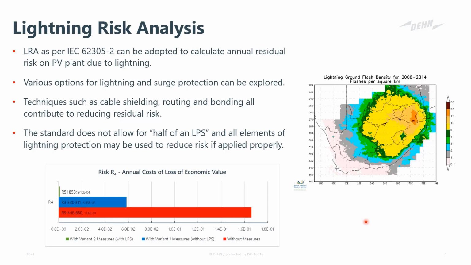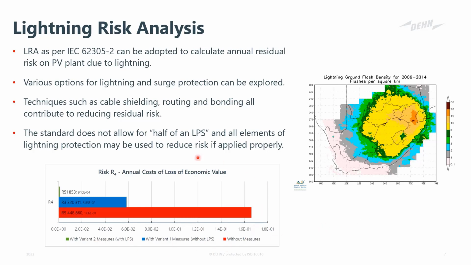If you, for example, don't have proper earthing and it's not according to the mesh size or the earthing requirement size, that will not form part of a fully compliant lightning protection system. So you cannot do the calculation in the standard with half of a lightning protection system. But bearing in mind, there are ways to go for a targeted approach.